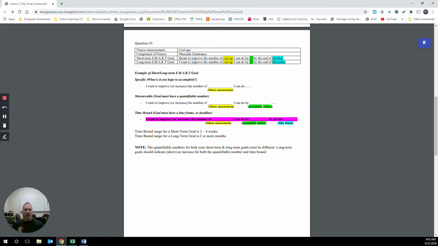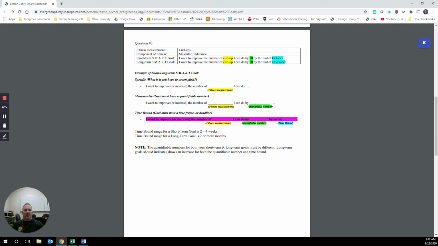So if I look up here and I put everything together, just as the example right here under, what is that, fuchsia? Okay. If I look at that sentence there, and I just fill in the blanks, then it reads, I want to improve the number of curl-ups I can do by 10 by the end of October.